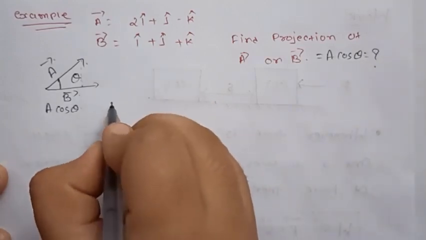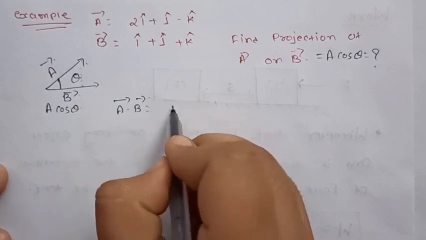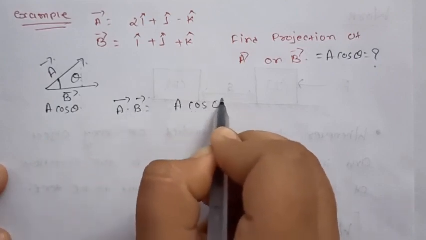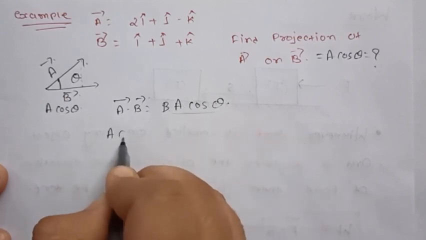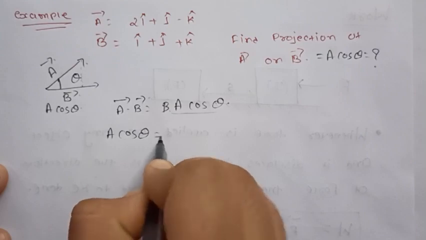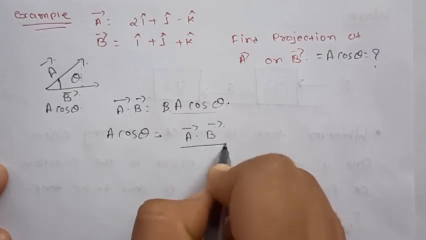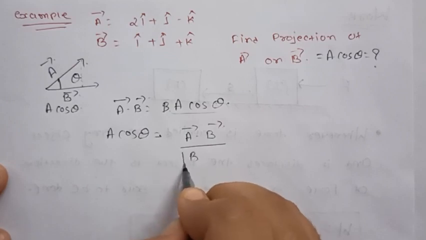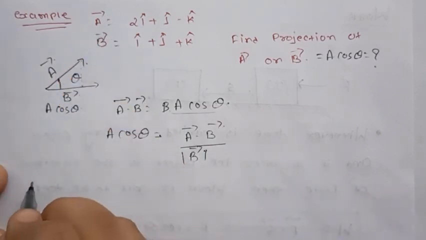The dot product is defined as A dot B equals A B cos theta. So A cos theta will be equal to A dot B divided by magnitude of B. First we will do the dot product.